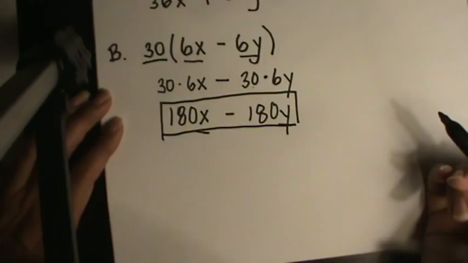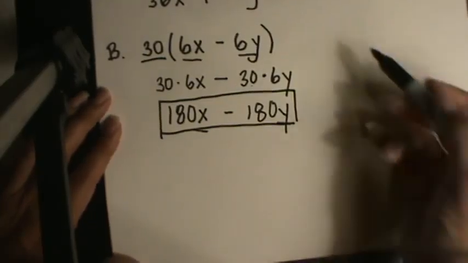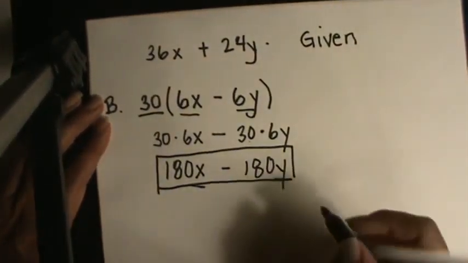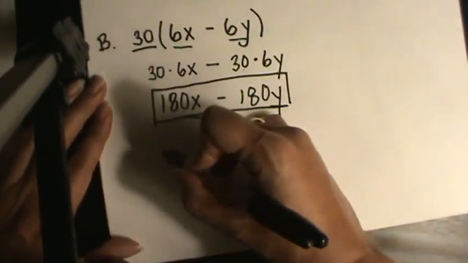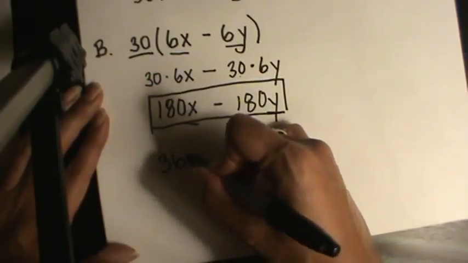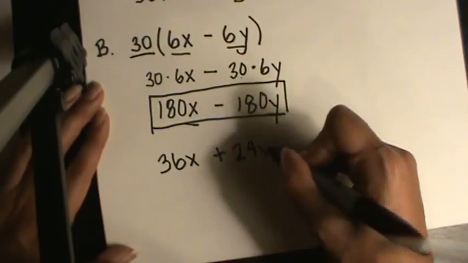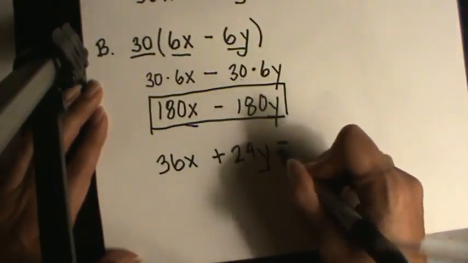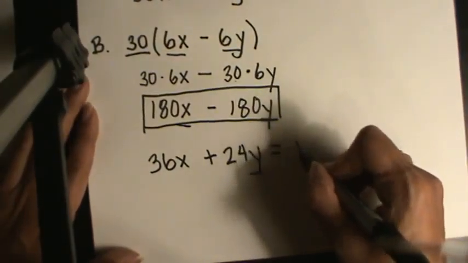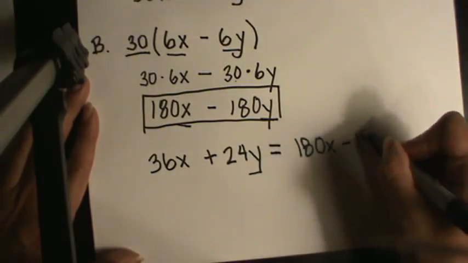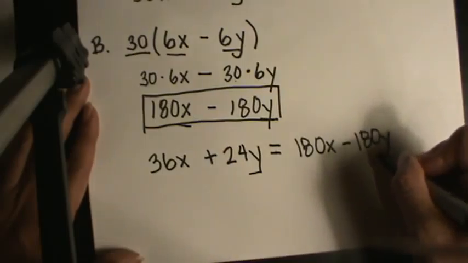But I'm not done with the problem. Again, I must compare. Does my original expression, which is 36x plus 24y, is that equivalent to 180x minus 180y?